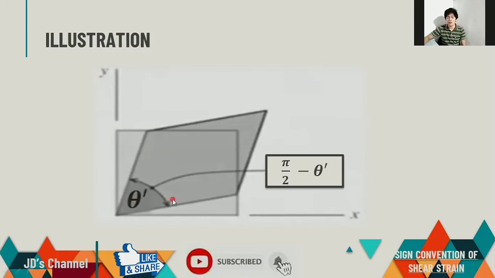So class, we get a positive value there because originally we have 90.